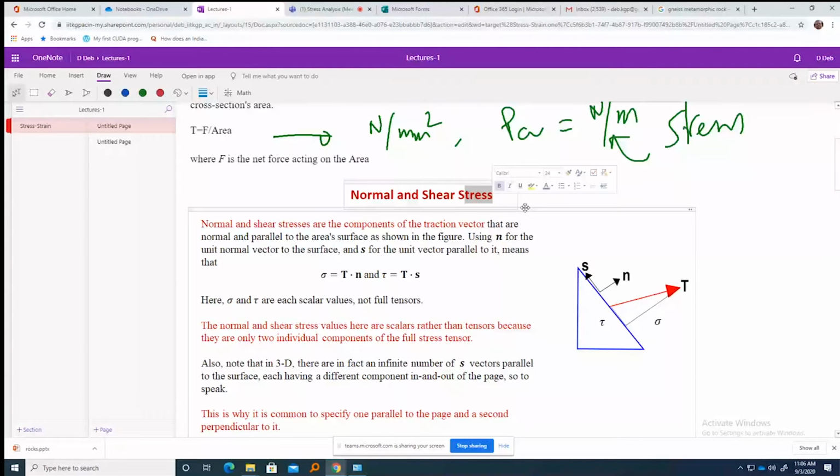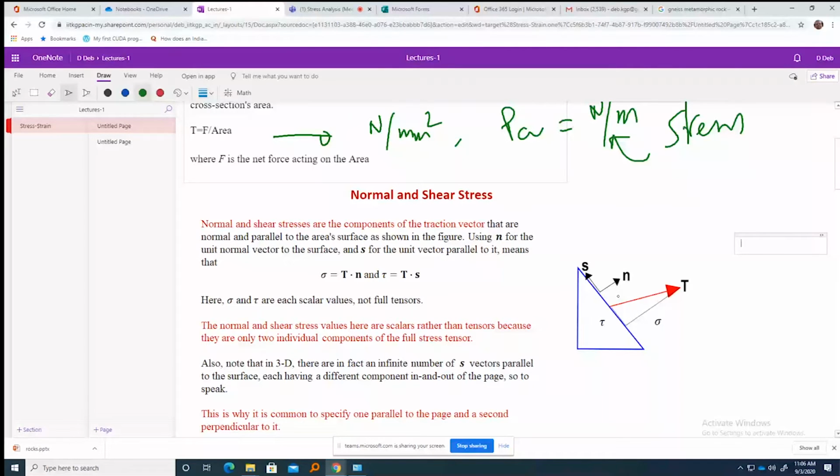Mostly we have two types of stresses. One is called normal stress, which is perpendicular to a surface, and another is shear stress, which basically acts along the surface. Now, in a 2D format, a surface will become a line, and the shear is probably acting along this line, either in this direction, or in that direction.